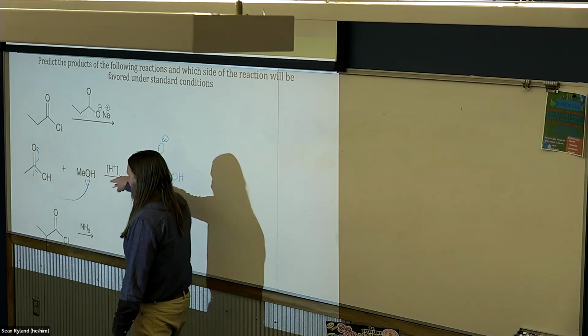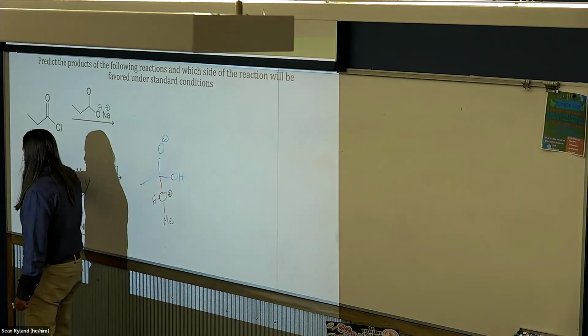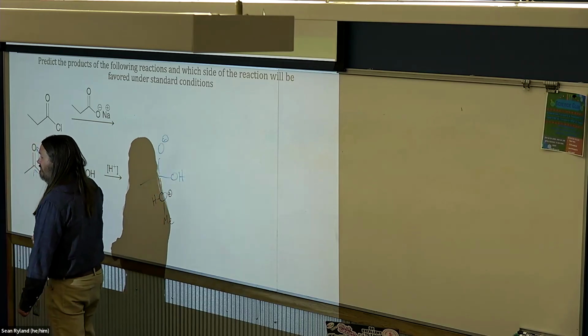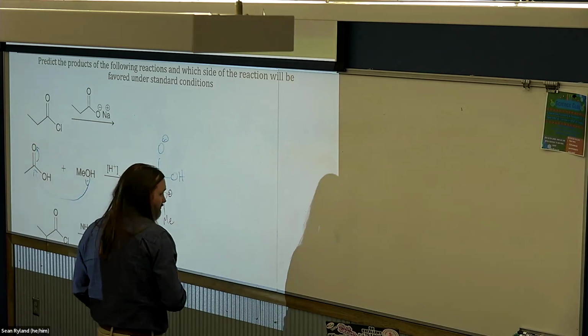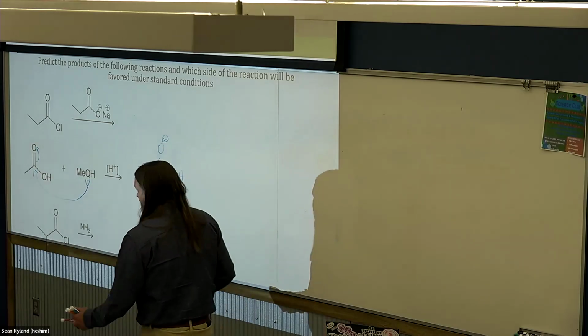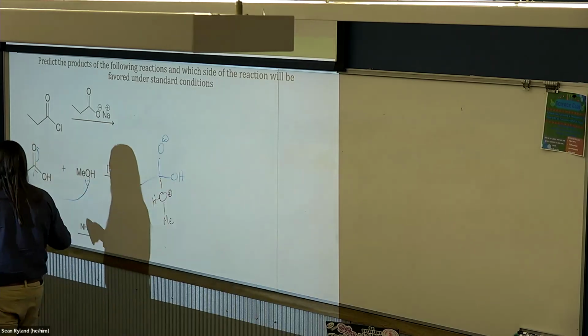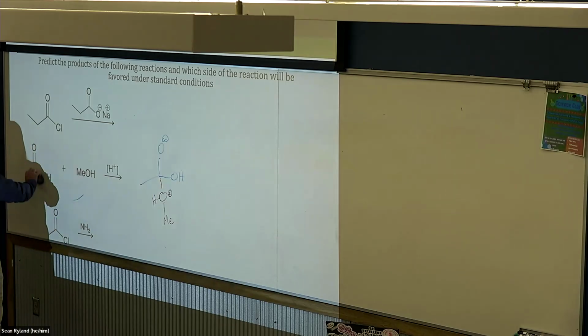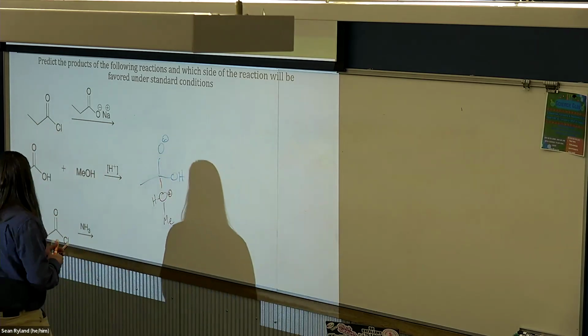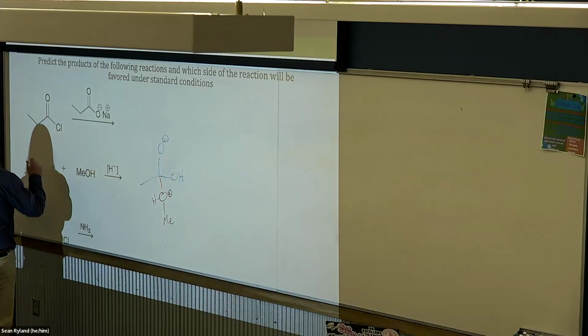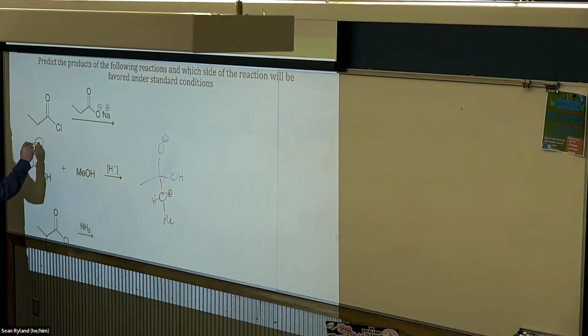Before we actually have this step, we would do a proton transfer to protonate that oxygen. You've seen that before, but this is good review. This is by far the trickiest part about these mechanisms: before we can have this, we protonate that.